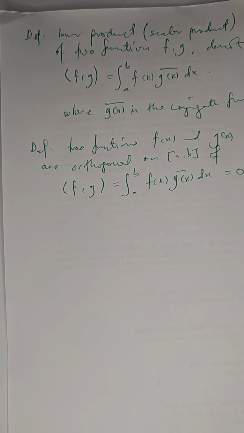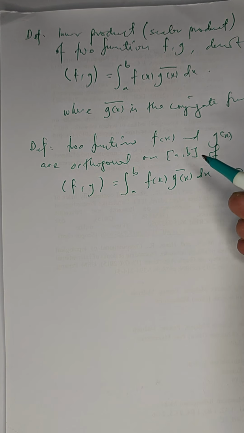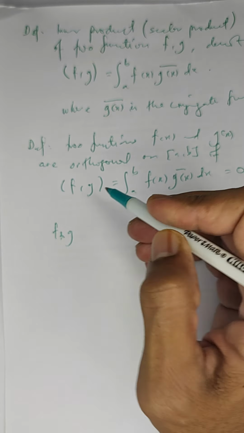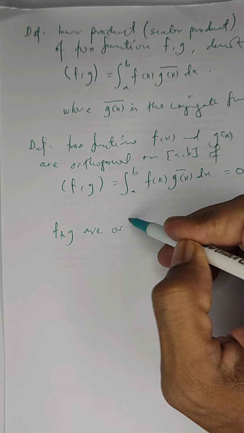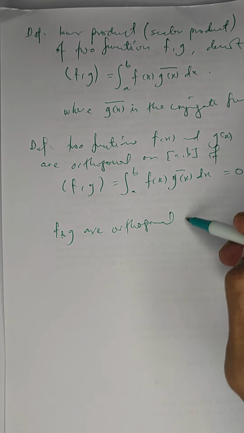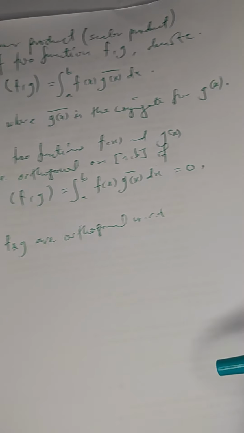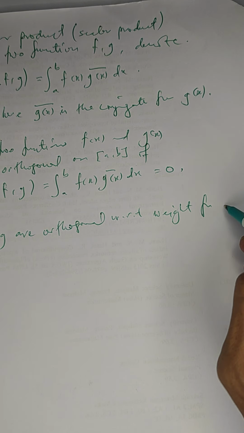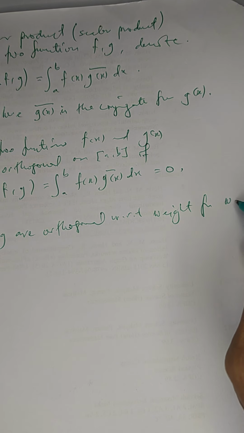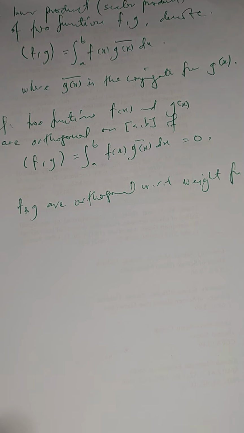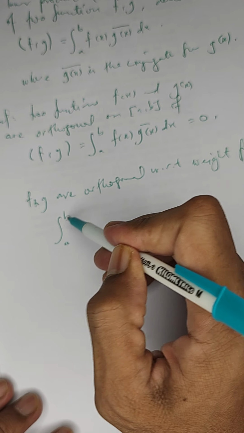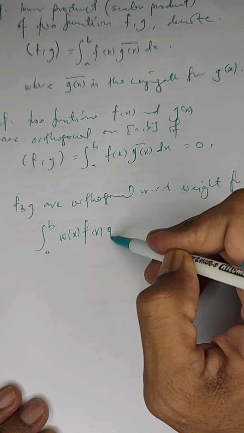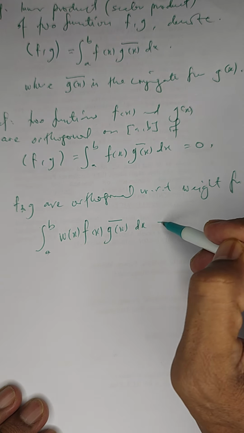And if you have a weight function, we say two functions f and g are orthogonal with respect to the weight function, let's say omega of x, if they satisfy the integral from a to b of omega(x) f(x) g(x) bar dx equal to 0.